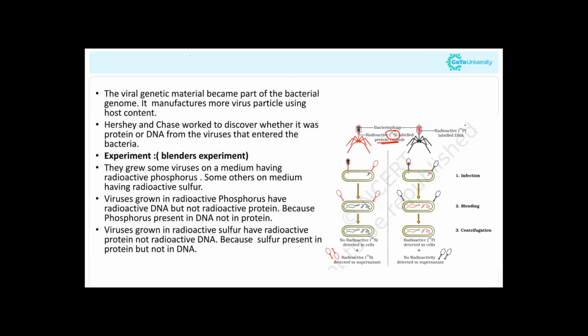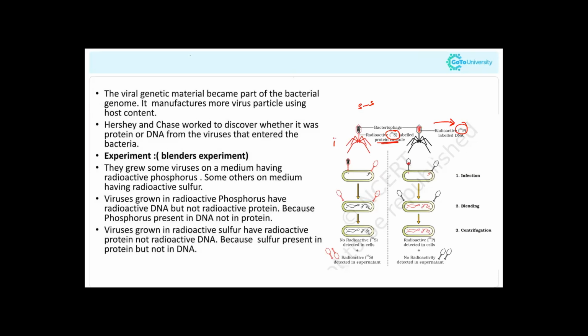Here they labeled the DNA with P32, because nucleic acid, that is DNA, consists of the phosphate group. So they did the experiment with radioactive phosphorus. In the case of the protein capsule, proteins are amino acids, and amino acids like cysteine consist of sulfur, and proteins will have disulfide linkage as well. So they labeled it with S35, that is radioactive sulfur.